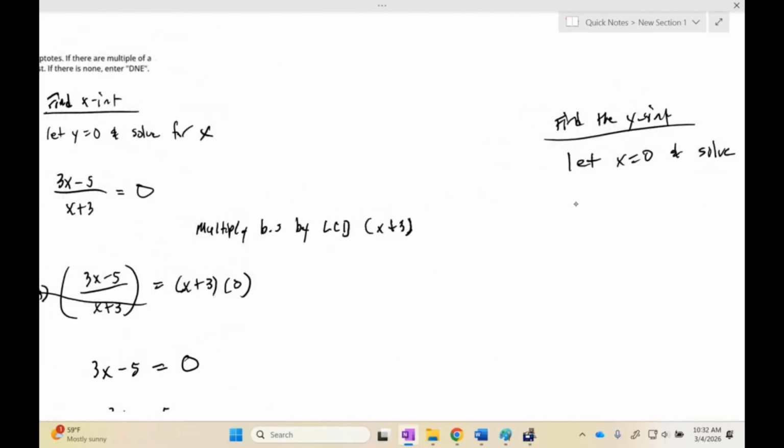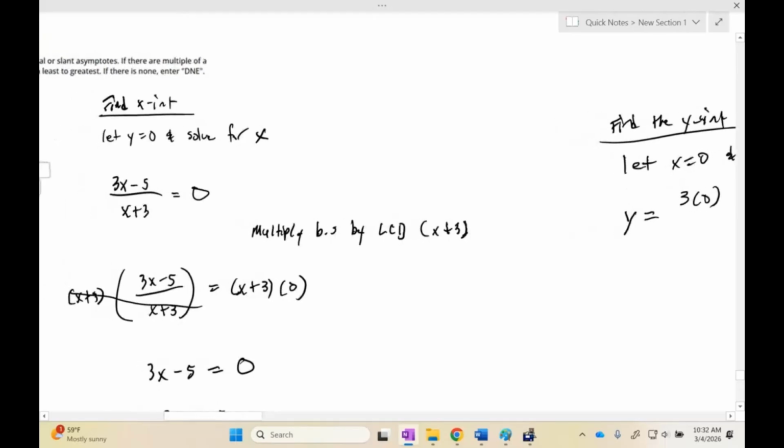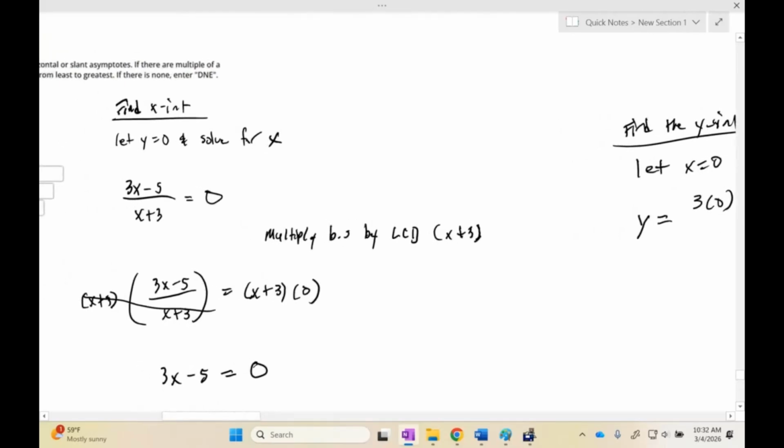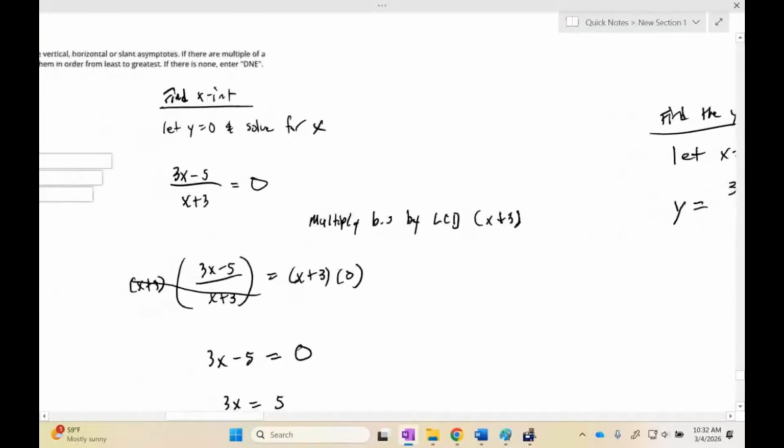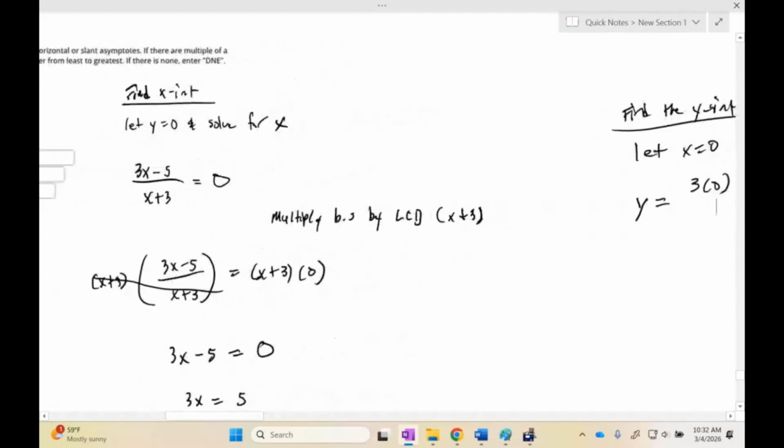So y is equal to 3 times 0. I'm just going over to our equation and substituting.